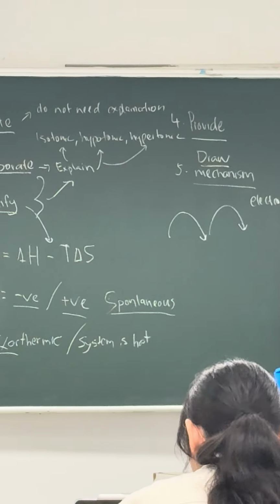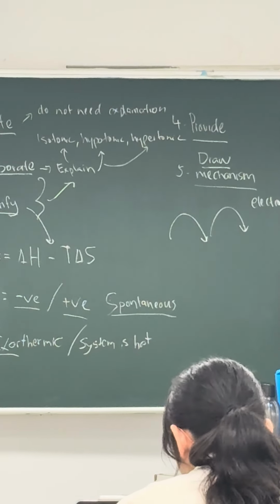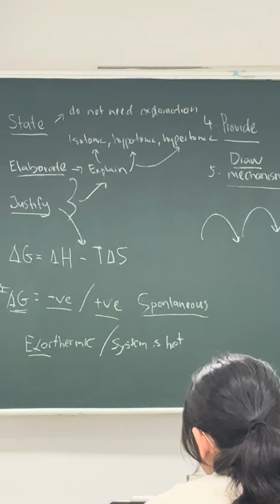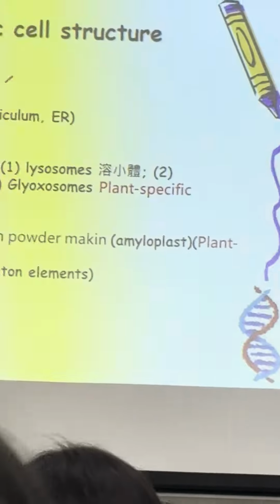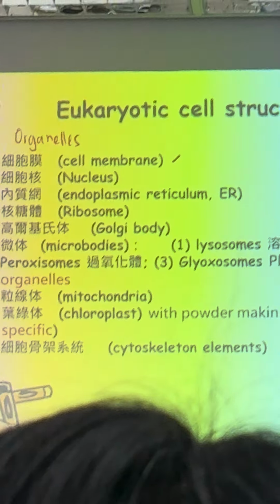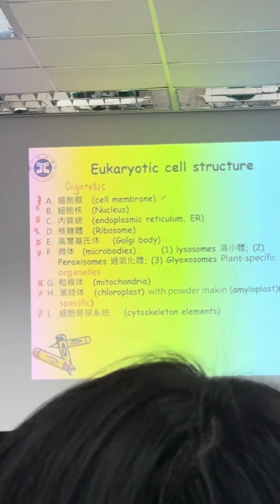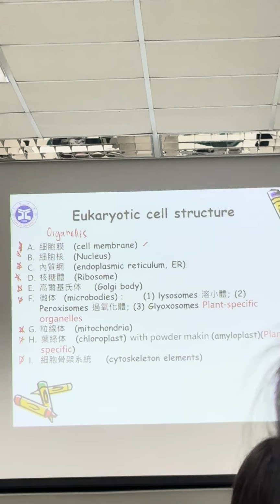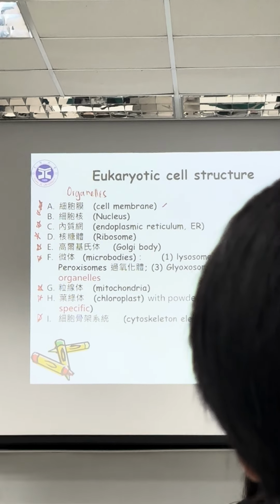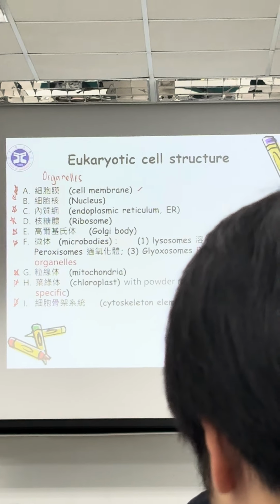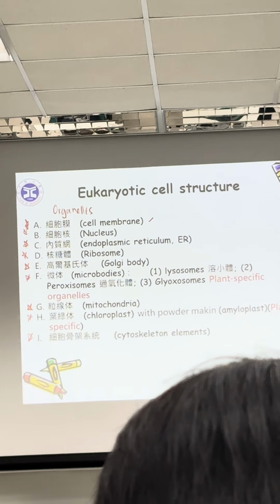So chapter 1, coming back here, what do you need to focus on? Because in chapter 1 we talk about prokaryotics, eukaryotics. A lot we mentioned about the organelles, which is this slide.